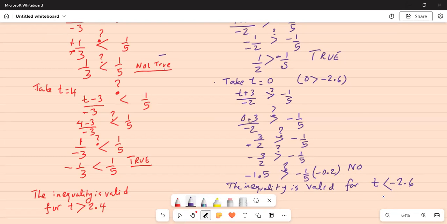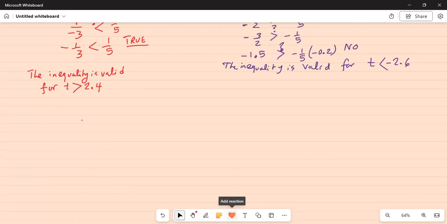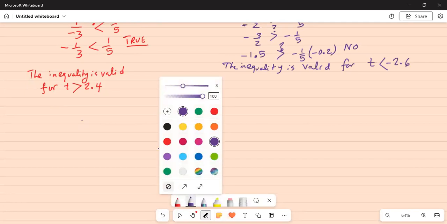Okay. So how will you combine these two inequalities? Remember, there was an 'or' sign in between. So if I create some space, let's take another color, which will make life a little bit more interesting, maybe.